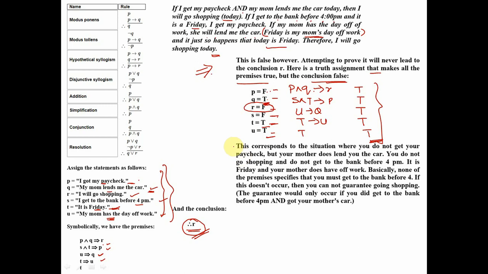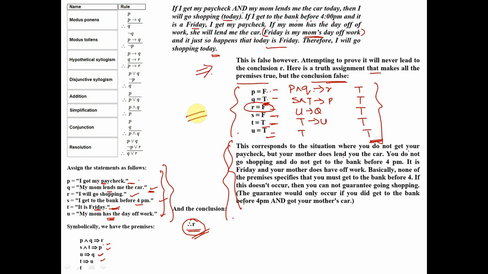This corresponds to this particular situation where you do not get your paycheck, but your mother does lend you your car. You do not go shopping. This is just this scenario written informally. So this argument is an invalid argument. So do not work under the assumption that whatever arguments you have been given to verify are always valid arguments.